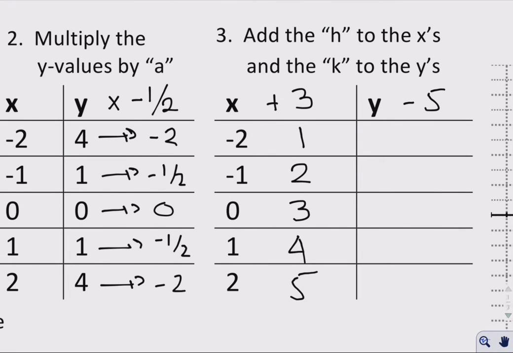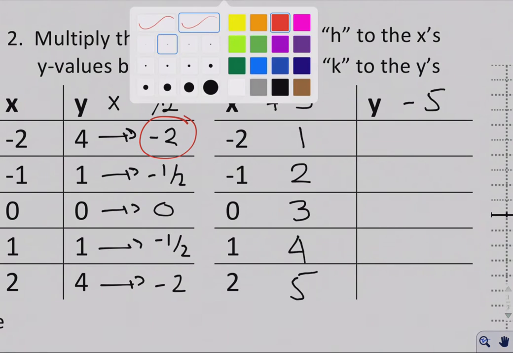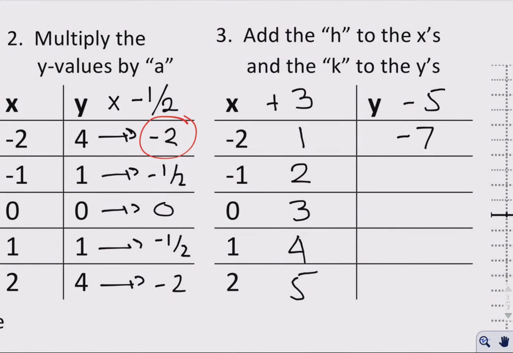Then for the y values, what I'm taking is the last y values from the previous step, and I'm subtracting 5. So this -2 will now become -7. The -1/2 will become -5.5. -5, -5.5, and again -7.